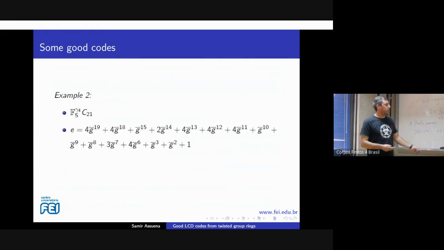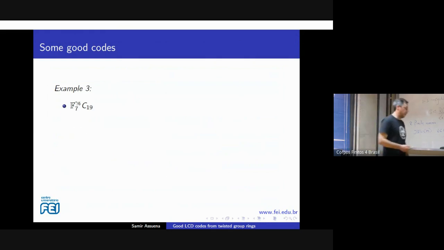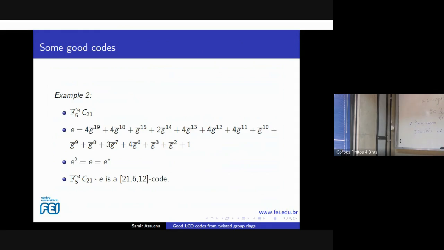And we produce some other kinds of codes. Here, the finite field with 5 elements, the cyclic group with 21 elements. We have this expression for this element here. Again, this element is an idempotent fixed by the involution.